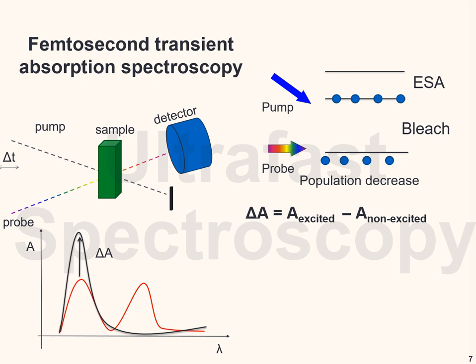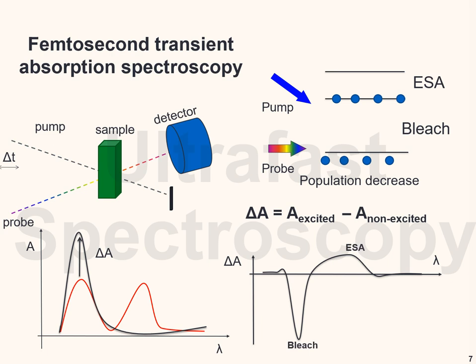And then what we can do is plot the absorption after your excitation minus before your excitation. This is the differential absorbance. So we can see that this is a very typical transient absorption spectrum. The negative peak is called ground state bleach, which monitors how fast the electrons return back to the ground state.